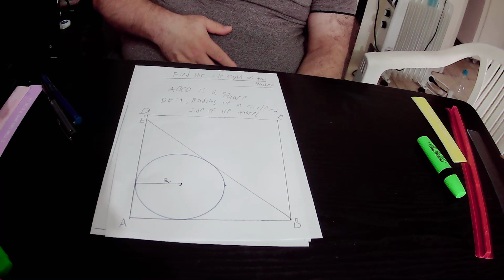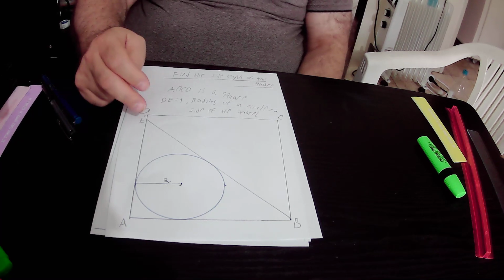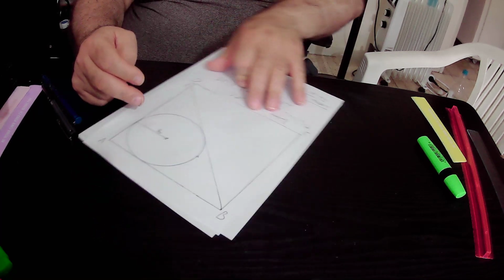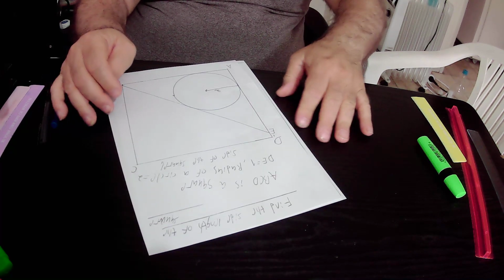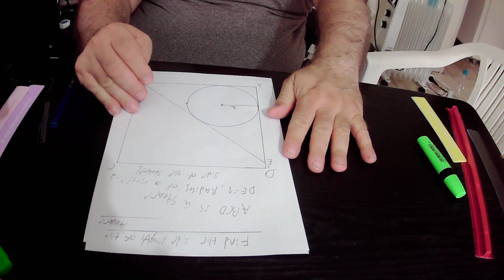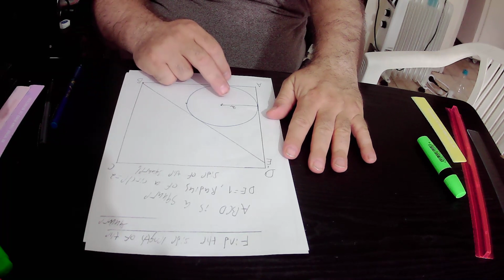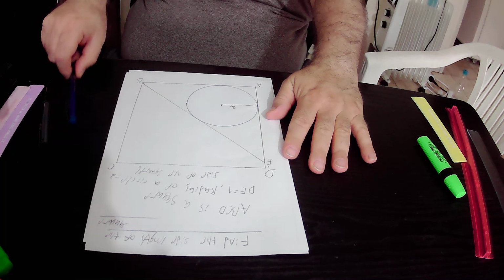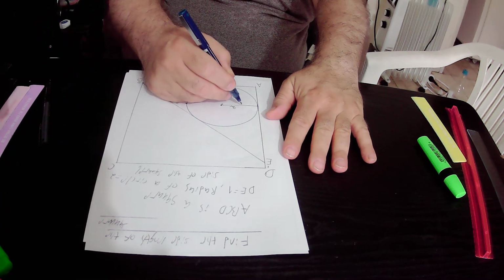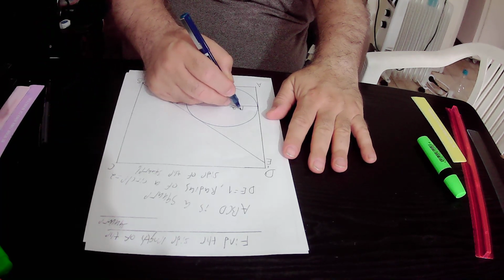We define the radius of this circle as r, and r equals 2 units according to what's given in the question.